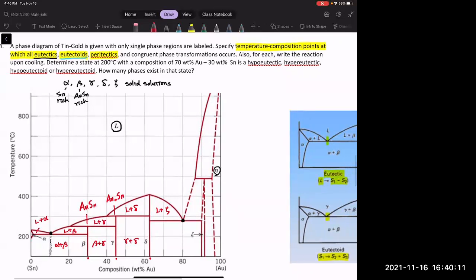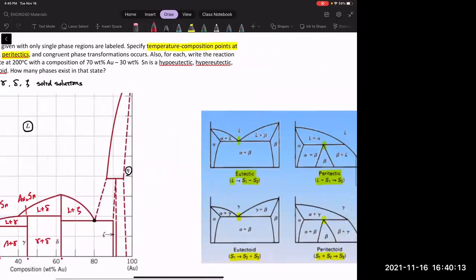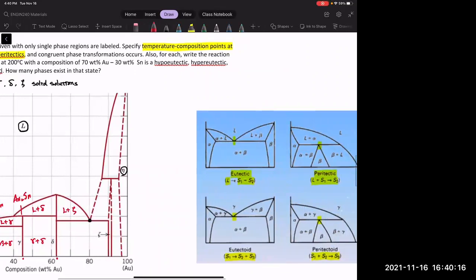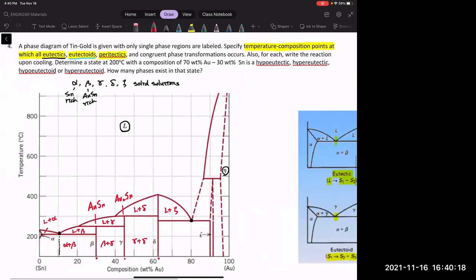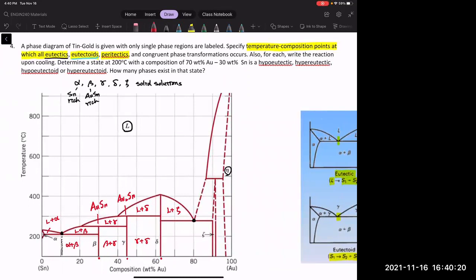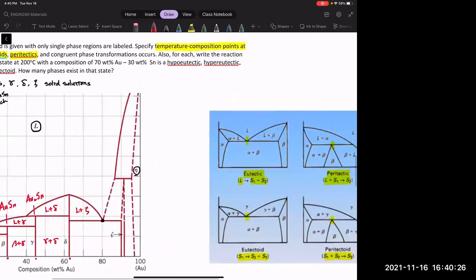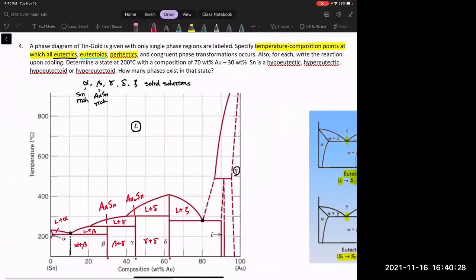Let's look at the peritectics to see if we have that one or not. So peritectic is the liquid plus one solid going to another solid. So we have a lot of liquid plus solid, right? Like this one here, this one here.